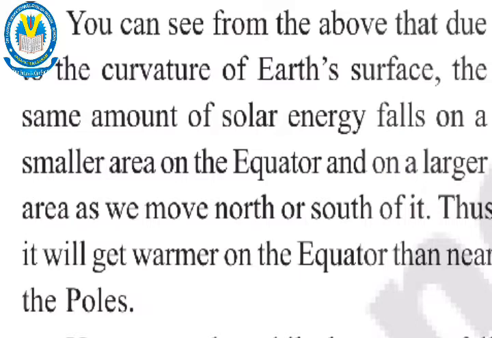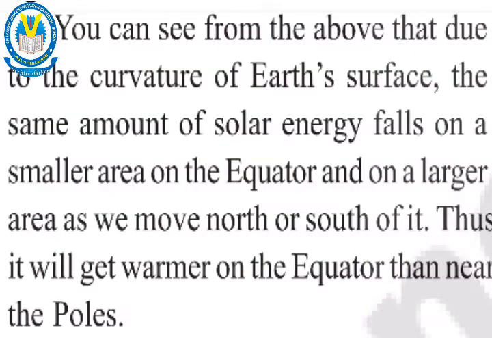We can see from the above that due to the curvature of the earth's surface, the same amount of the solar energy falls on the smaller area on the equator and on a larger area as we move north or south of it. Thus, it will get warmer on the equator than near the poles.